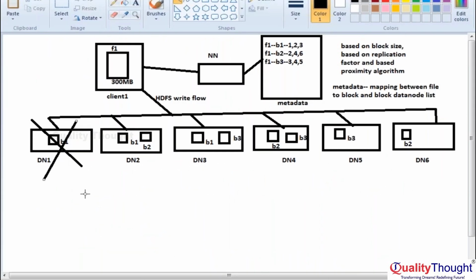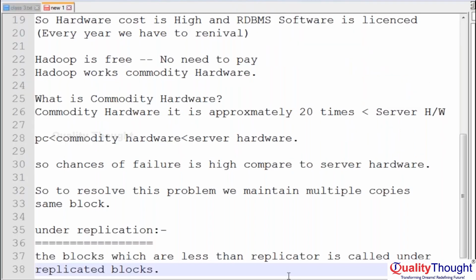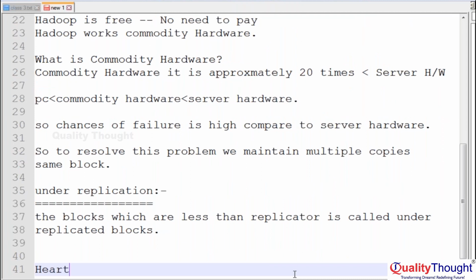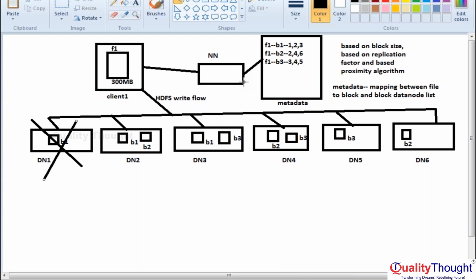One of our students asked how the name node knows whether a system crashed or not. For that, I'll explain the heartbeat signal. Let's wait a few minutes, we'll discuss what the heartbeat signal is. Briefly, every slave machine sends a heartbeat signal to the name node, so that the name node understands whether the data node is live or not.